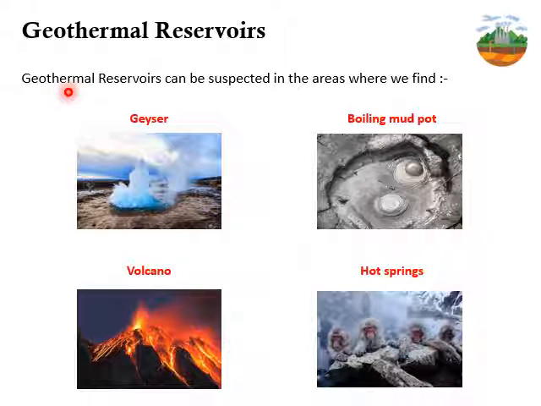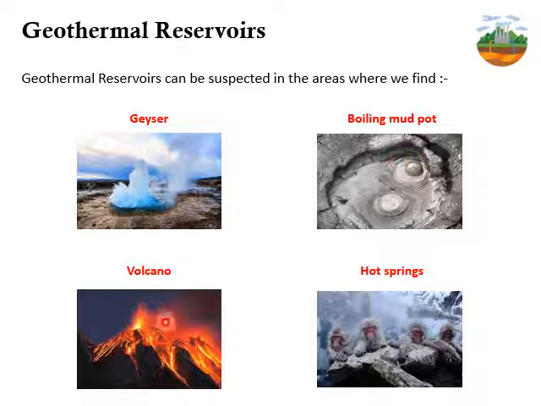Here are some examples of geothermal reservoirs. You can see geysers. In the geysers, the water is gushing out because a huge amount of energy is stored in this underground water. Similarly, we have boiling mud pots, which are a hot mixture of mud, minerals, and water.